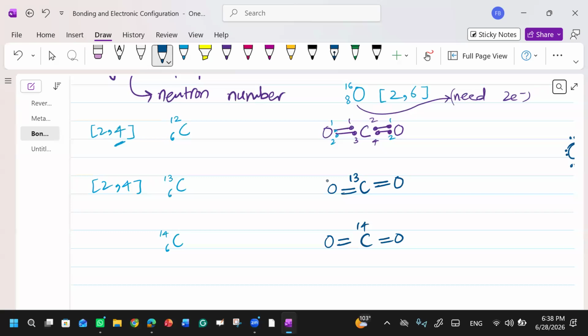That is why they are behaving in a similar way. Why? Because they have the same electrons in the valence shell. Okay, the same number of electrons in the valence shell. Their electronic configuration is the same. Their chemical properties are the same. That is why the bonding pattern is the same. Clear? The bonding pattern is the same.